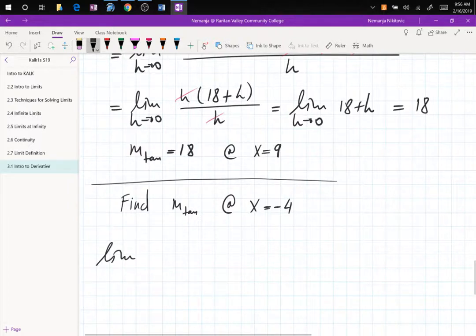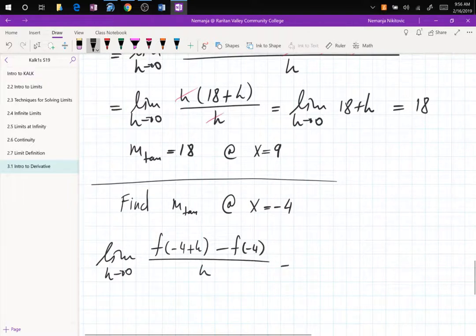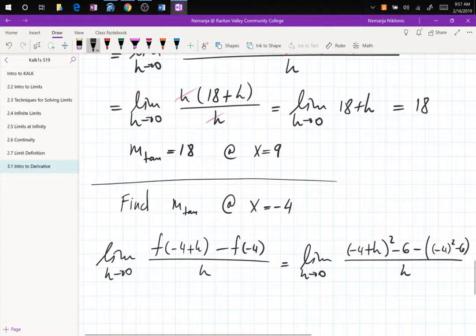We have limit h goes to 0 of f of -4 plus h minus f of -4 divided by h. Plug everything in. So we get -4 plus h squared minus 6 minus open parenthesis -4 squared minus 6, divided by h.